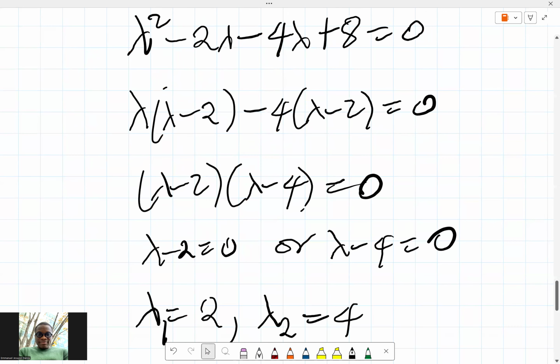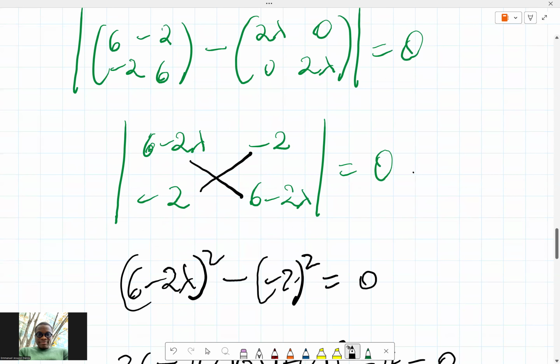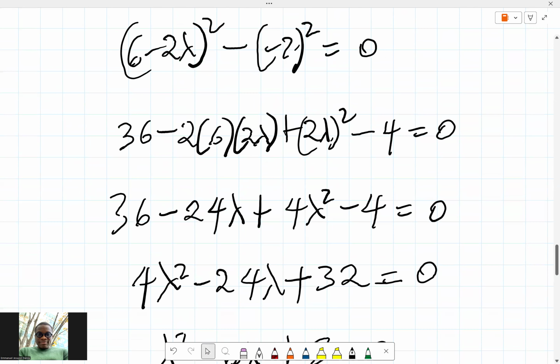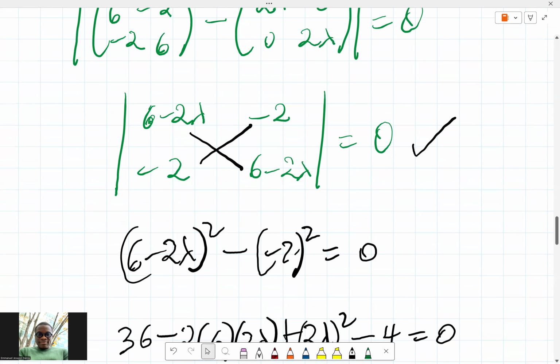Since we have 2 and 4 as the eigenvalues, we can just go back to this place. So that'll be the determinant, right? For eigenvalues, it's still the same standard procedure.